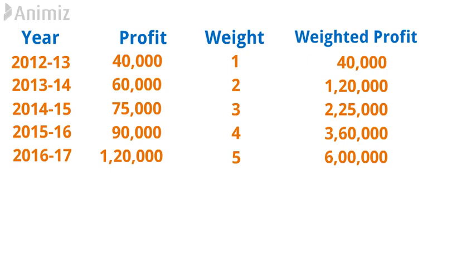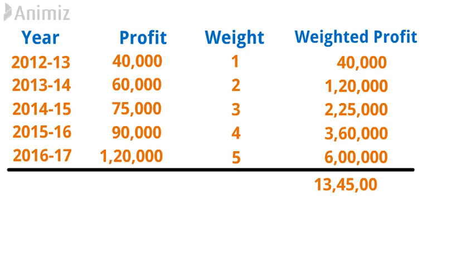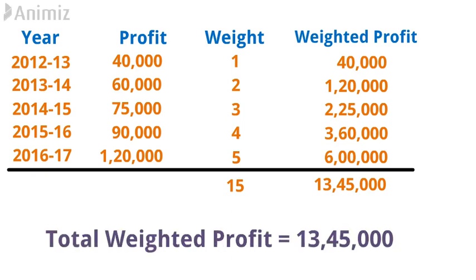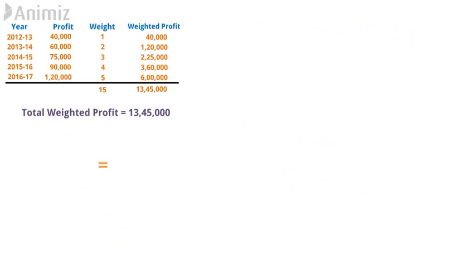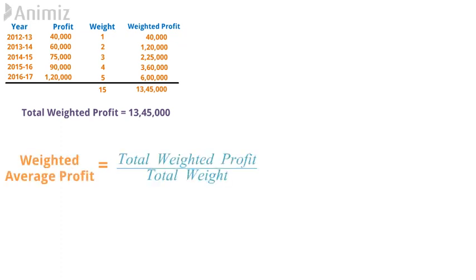And let me calculate the total of all the weighted profit, which comes to 13,45,000, and total of weight is 5 plus 4 plus 3 plus 2 plus 1, that is 15. Total weighted profit, that is the first part of our sum, which comes to 13,45,000. Same steps we need to follow, that is weighted average profit equals to total weighted profit divided by total weight.